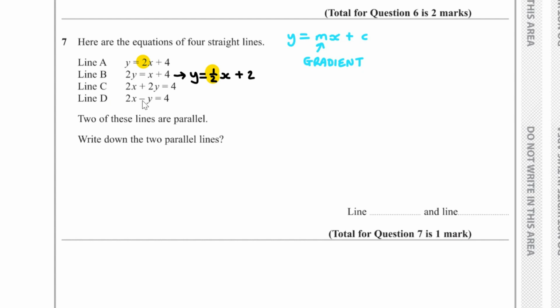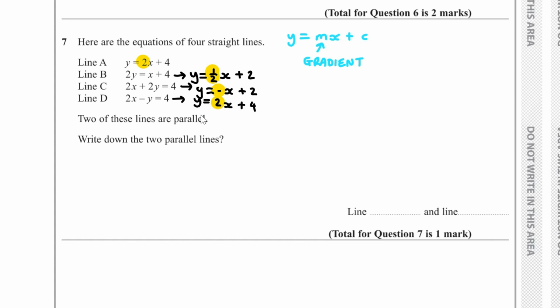If we take a look at line C, first of all, subtracting 2x from both sides and then dividing by 2, you can see line C is equal to y equals minus x plus 2, so here the gradient is -1. And if we take a look at line D, rearranging, we've got y equals 2x plus 4.